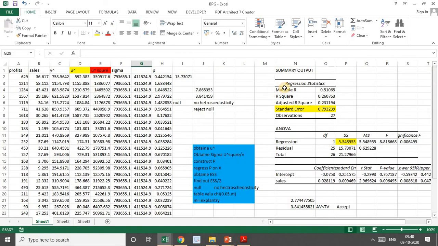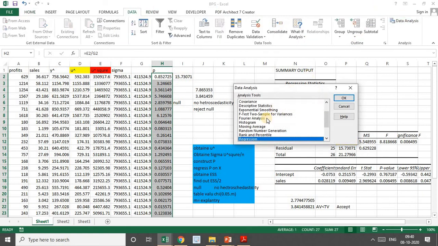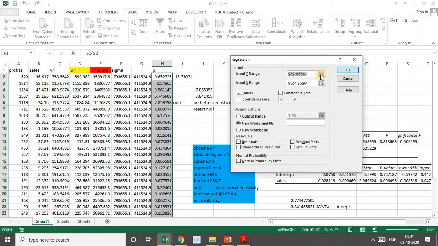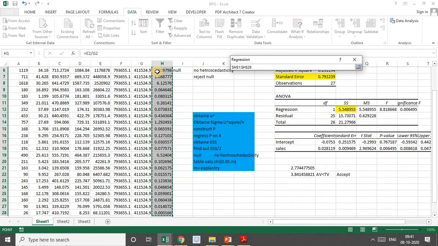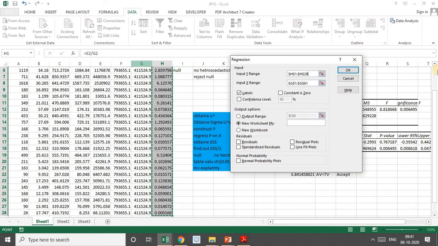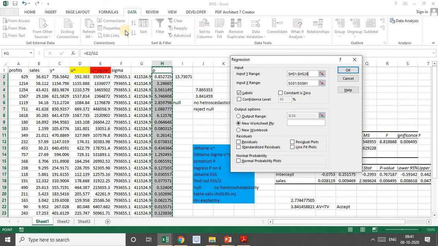Okay. Now, yes, u square here. This is this one. Okay. Now go to data analysis, regression. This is your dependent variable, and this is your independent variable.